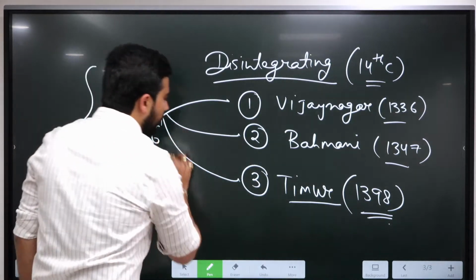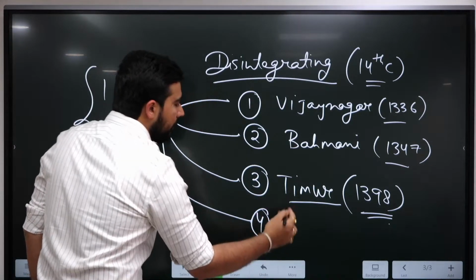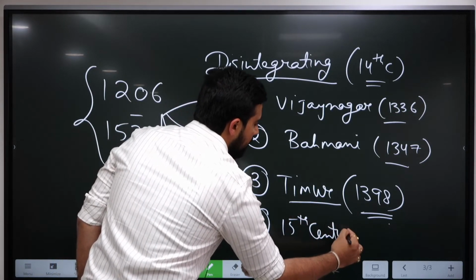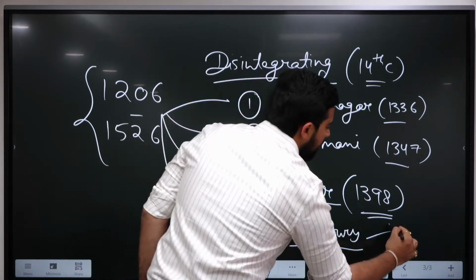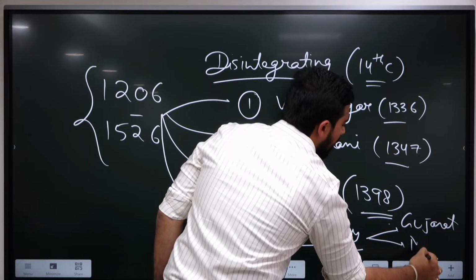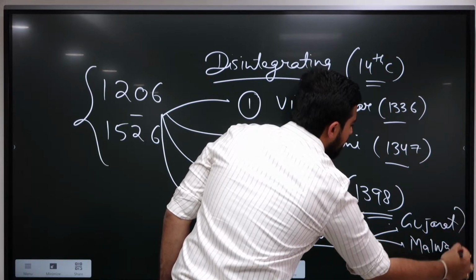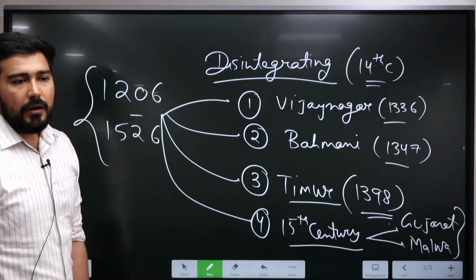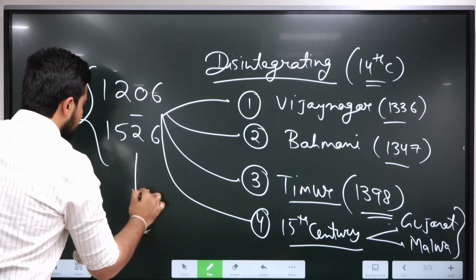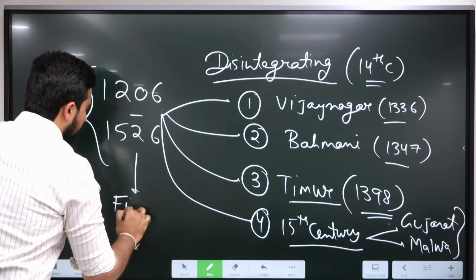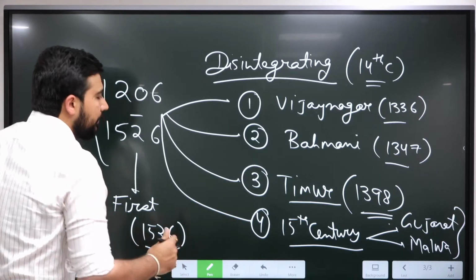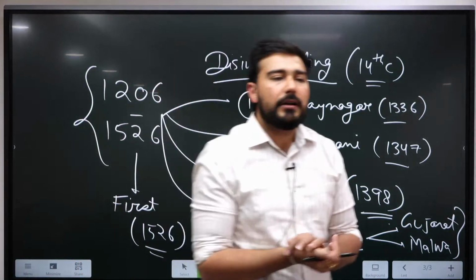And in the first half of the 15th century, we see the rise of Gujarat, Malwa and other principalities. So this is how, when the first battle of Panipat was fought in 1526, the Lodhis had a very small area under their control.